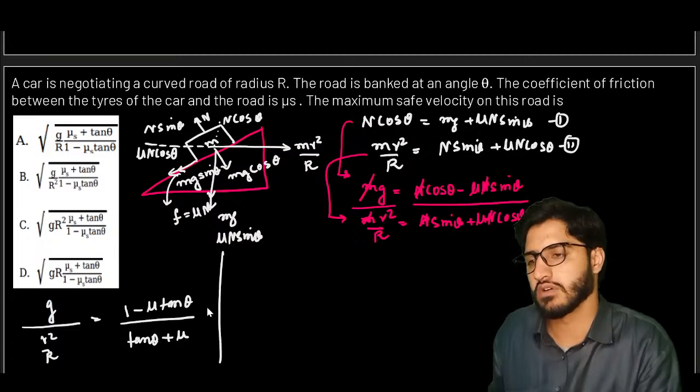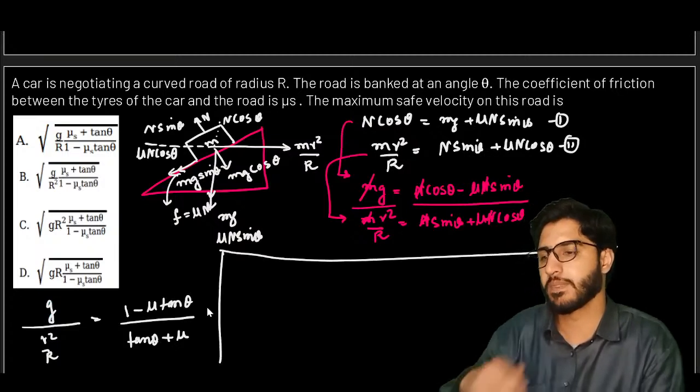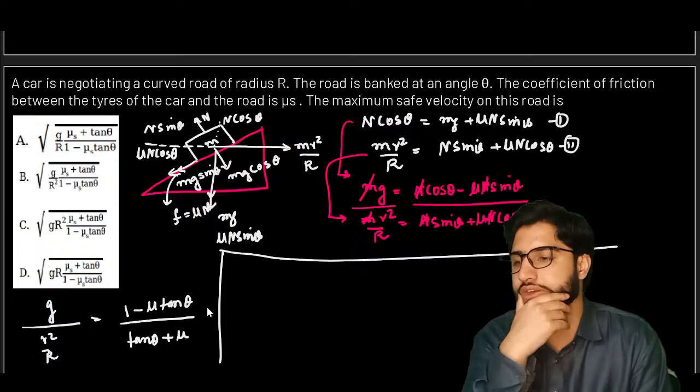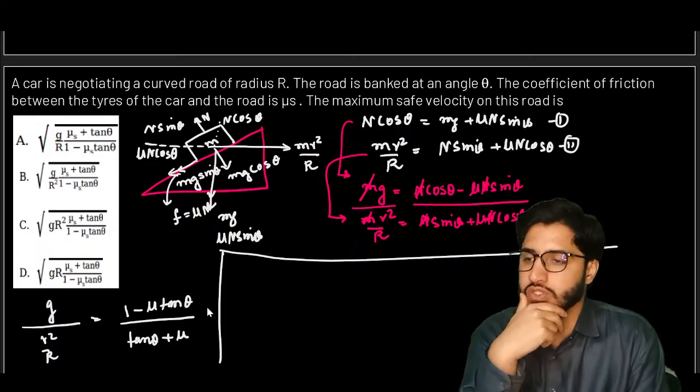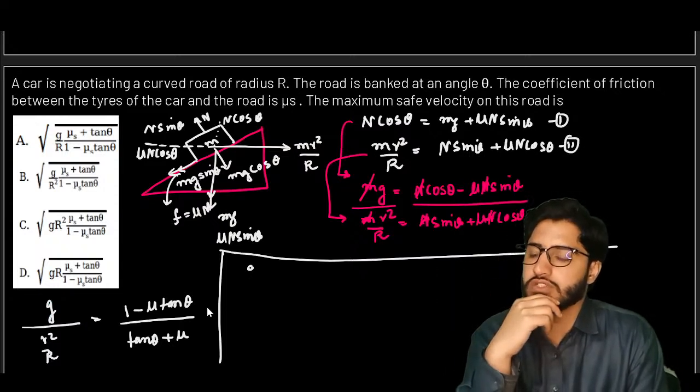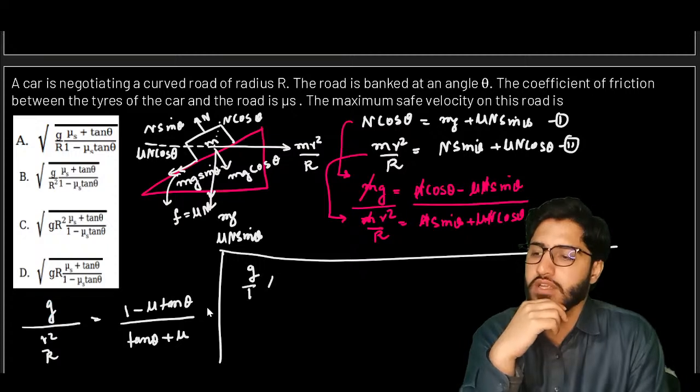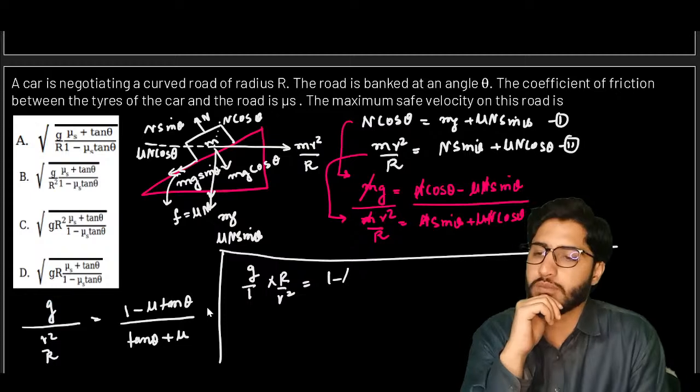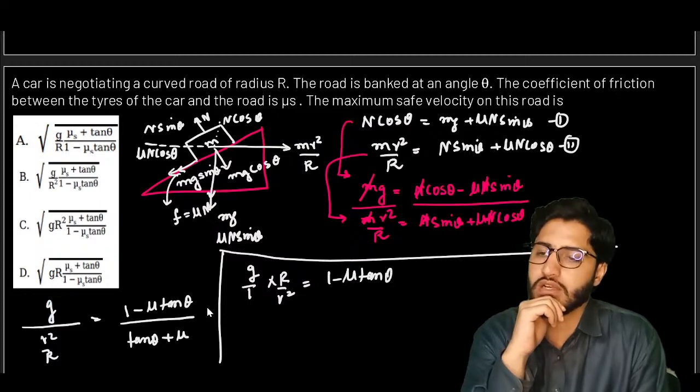Now I will reciprocal it. So let us say g by 1 into r by v square equals to 1 minus nu tan theta whole divided by nu plus tan theta.